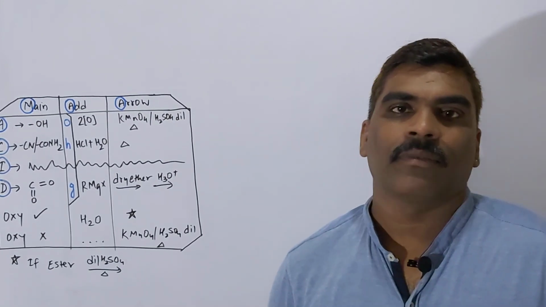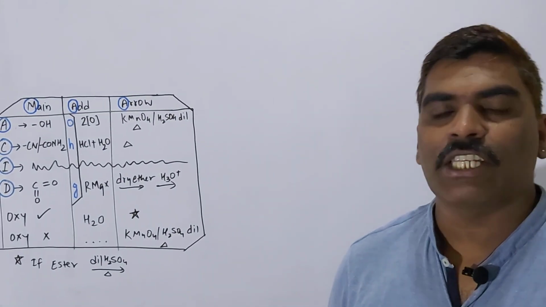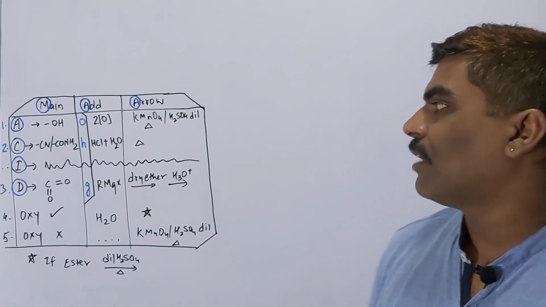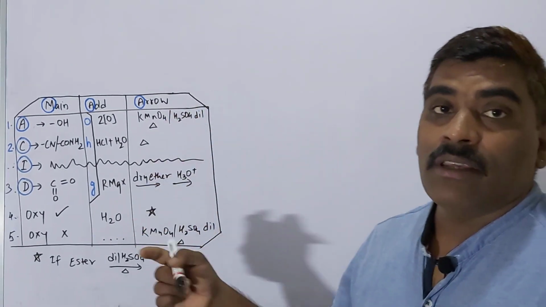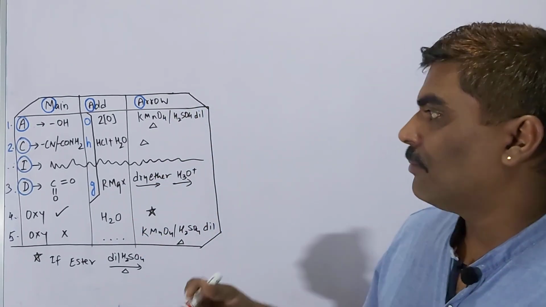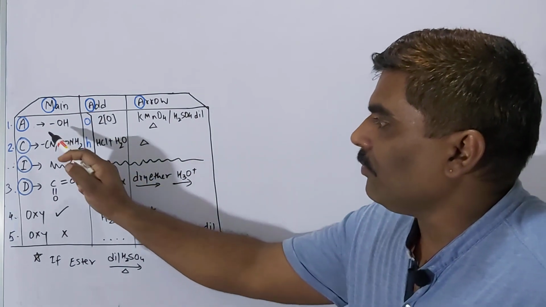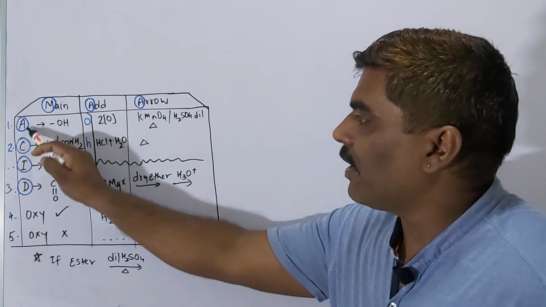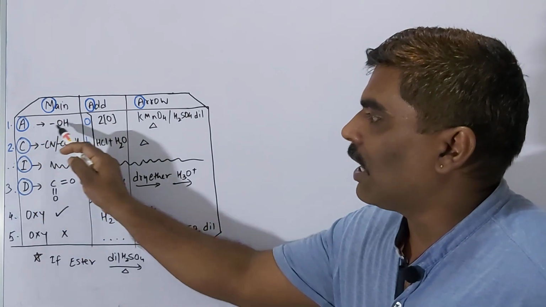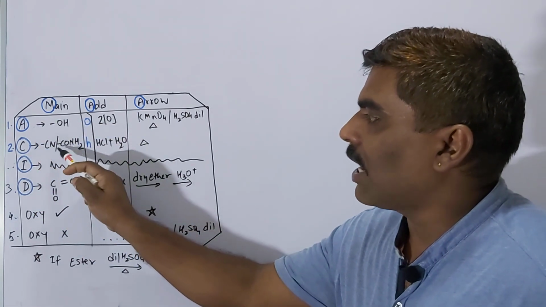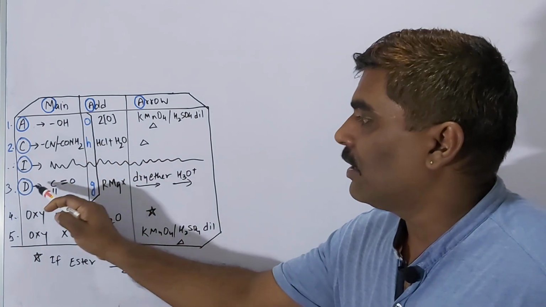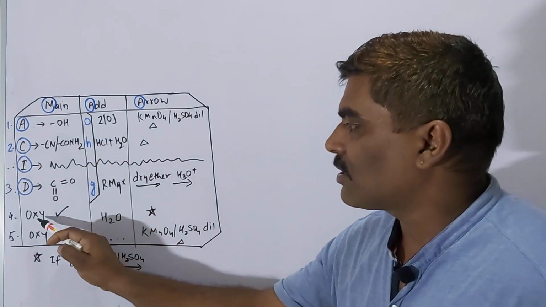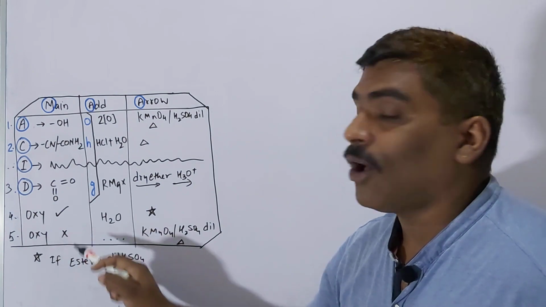Hello everyone. Today we'll see preparation of carboxylic acid, and for that the table is already given in the previous class, but then also we'll see we want to prepare acid, carboxylic acid. So acid, A for alcohol, C for cyanide amide, D for dry ice, oxygen is there, oxygen is not there.